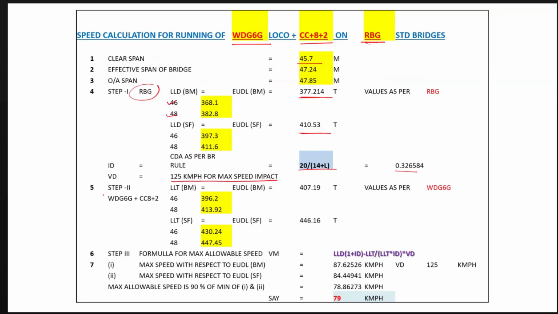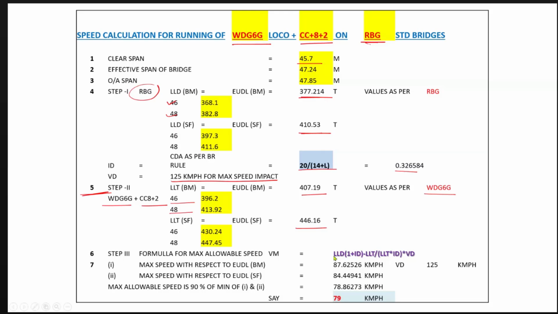This is WDG, our locomotive combination, the train combination WDG plus CC plus 8 plus 2 wagon. So we will run it on our moving load software. By this software we calculate the values and interpolate. For WDG6, we calculate the maximum UDL for bending moment and the maximum UDL for shear force.